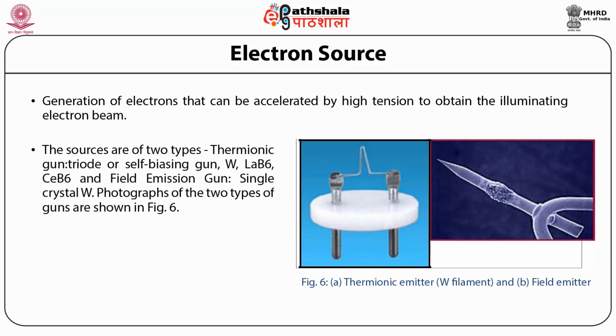The sources are of two types: the thermionic gun, triode or self-biasing gun, with tungsten, LaB6, or cerium boride, and the field emission gun, which consists of single crystal tungsten. The photographs of the two types of guns are shown in figure 6. A shows the thermionic emitter, that is the tungsten filament, and B is the field emitter.